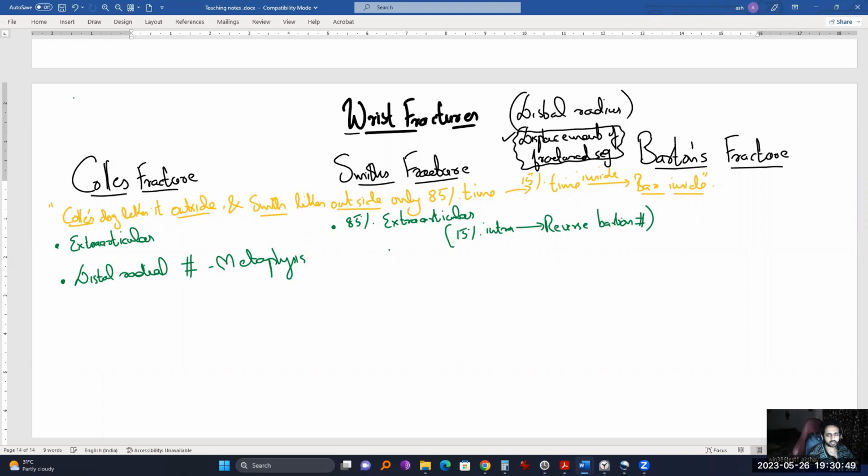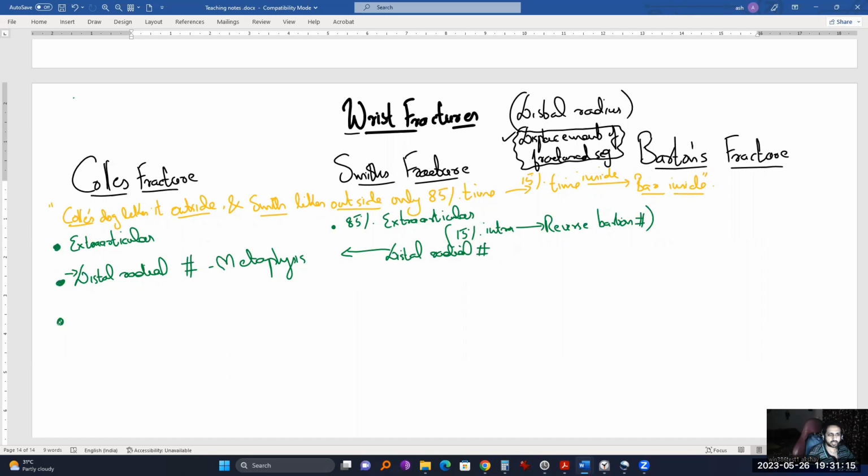Both are distal radial fractures only, involving the metaphysis. Those are the similarities.